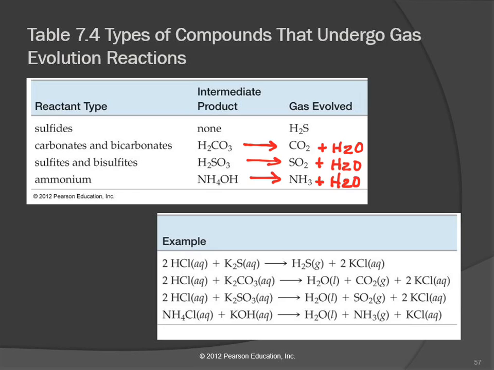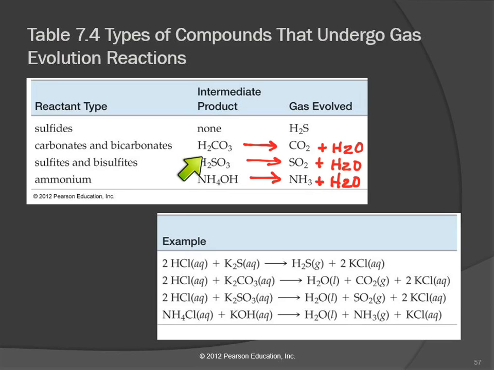So when we do these reactions, we predict the products in the same way that we've learned for the precipitation reactions and the acid-base reactions. We're going to take them apart into ions, switch the partners, and see what we get. The little twist here is if you get one of these things, there's 3 of them to remember.